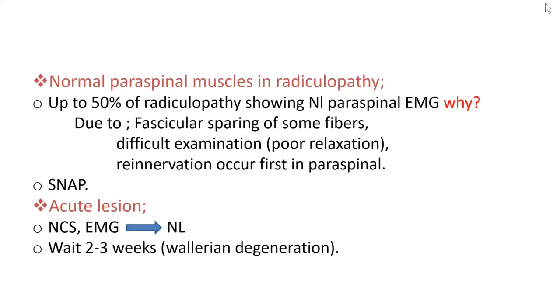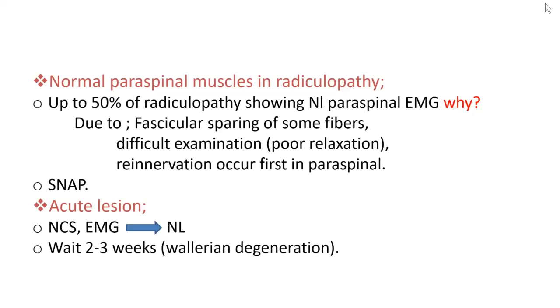As denervation occurs first in the paraspinal muscles, reinnervation also occurs first there. So if the reinnervation is complete, we couldn't differentiate between motor unit potentials of complete reinnervation and normal motor unit potentials. Sensory nerve action potential may be of help, as it will be affected in plexopathy, but not affected in radiculopathy.